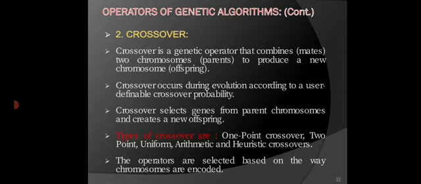Types of crossover, again the methods or the operators, are 1 point, 2 point, uniform, arithmetic and heuristic crossovers. The operators are selected based on the way the chromosomes are encoded. So if we have options of encoding, whether it is binary, value, permutation or tree, then based on that the crossover operator may be 1 point, 2 point, uniform, arithmetic or heuristic.